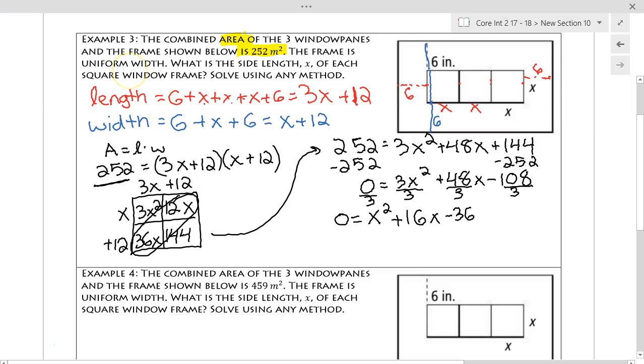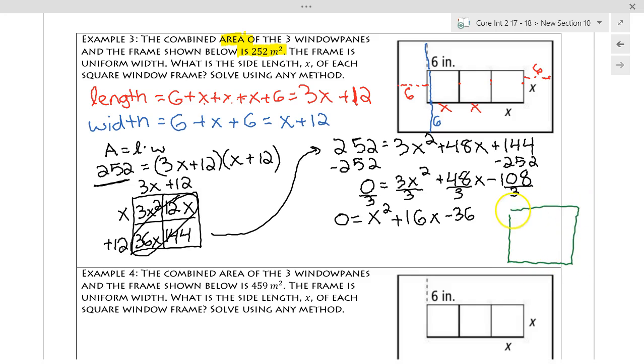Then from here, again, I'm just solving. I need to factor. I have x squared, negative 36. Remember, I'm multiplying to get the negative 36, adding to get the 16.